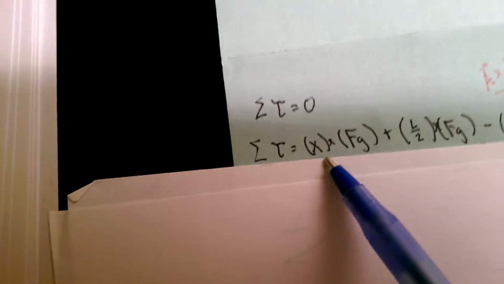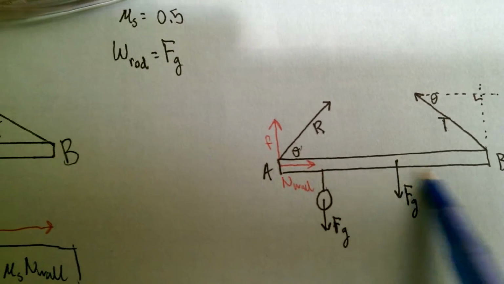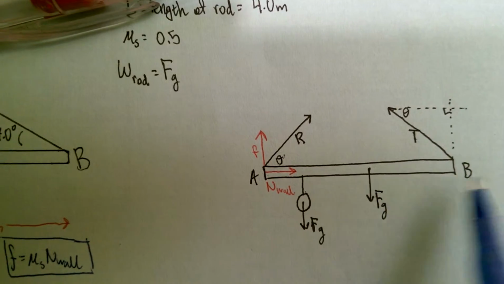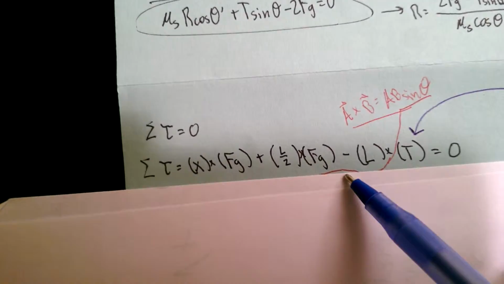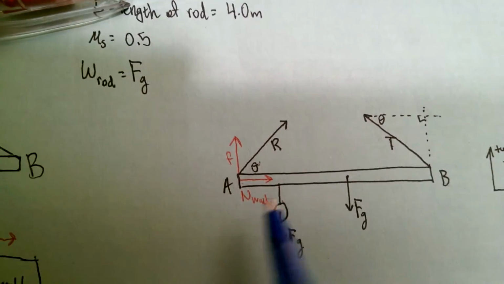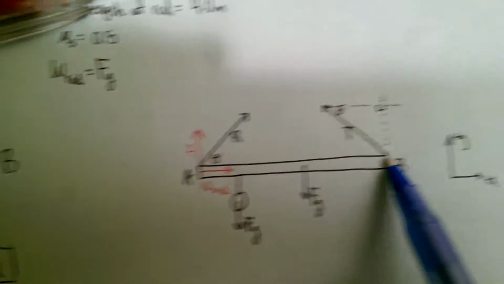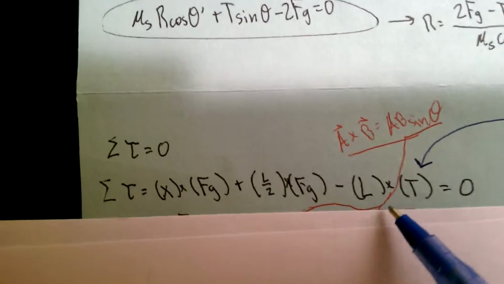So I just labeled that x cross Fg. And then the second torque will be due to the center of mass of the rod. So that would be L over 2, because the length of the rod is L, and the center of mass of the rod is at its midpoint. So L over 2 cross Fg. And then the last torque would be due to the tension. So you do L, since tension is occurring at point B. So you do L cross T.